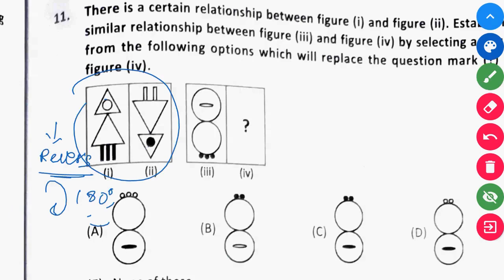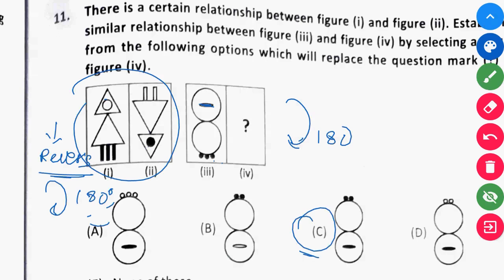Here only 2 bar lines are there. So this figure will also turn by 180 degrees. These 3 shaded dots become 2 dots only, and this lip-like portion becomes shaded. So search for such a kind of figure.